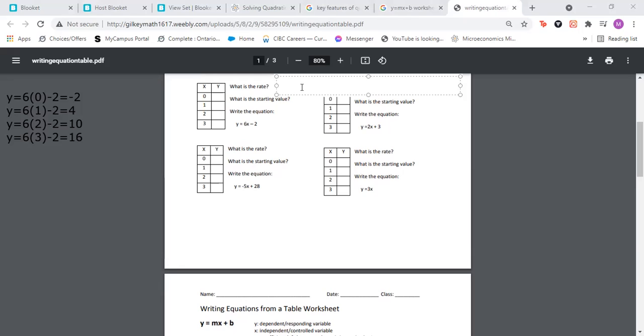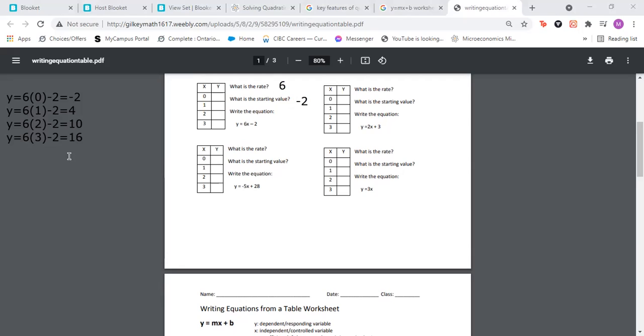Oh wait, no, you add 6 each time. Yeah, and then what's the y-intercept? Y-intercept is -2. Yeah. So do that one, that's great.